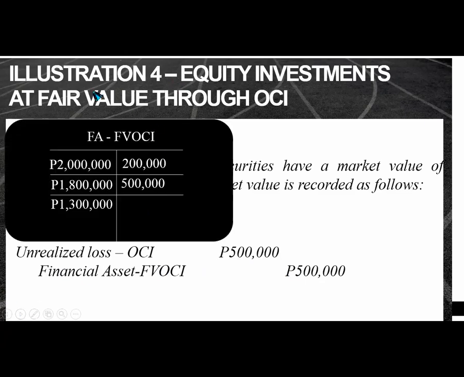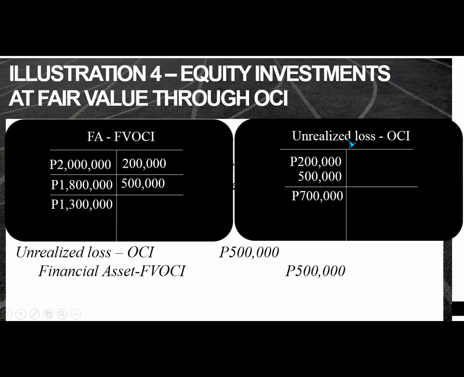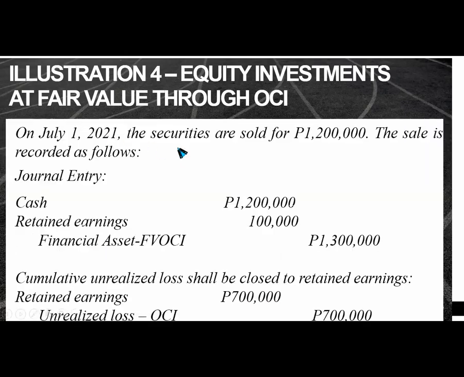If we look at our T account, our last balance was 1.8. With this entry crediting 500,000 to FVOCI, what remains is 1.3 million, equivalent to the reported market value. Your unrealized loss, OCI, the 200,000 is added to the 500,000, so the outstanding balance of unrealized loss OCI is 700,000.